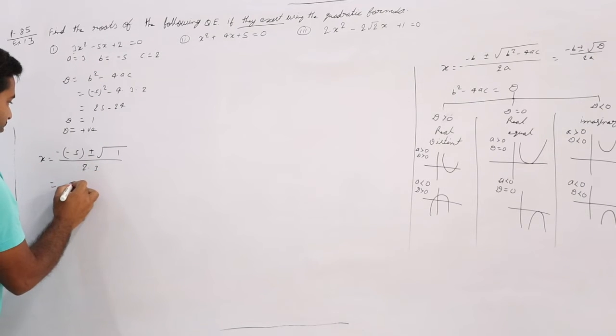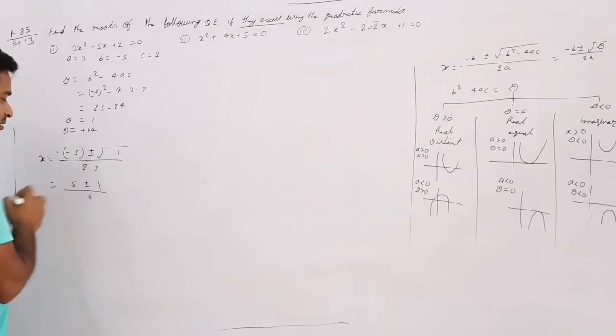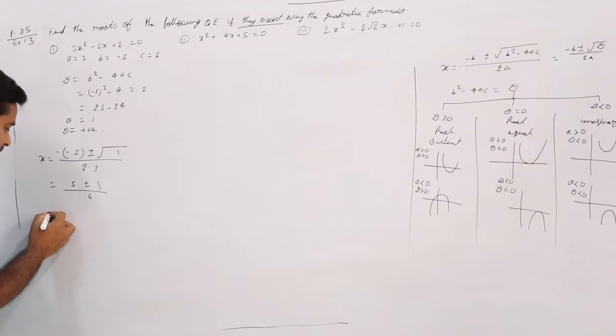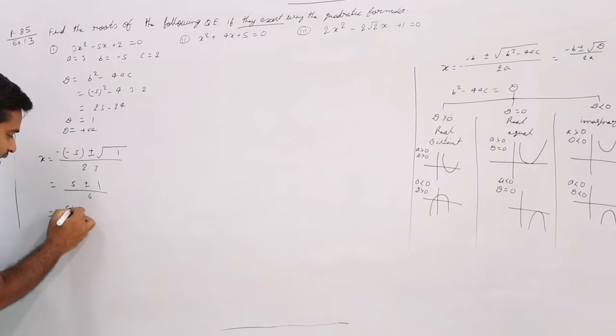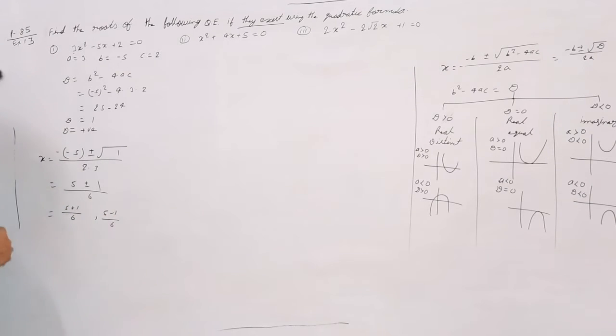So this becomes 5 plus minus root 1, which is 1, by 6.